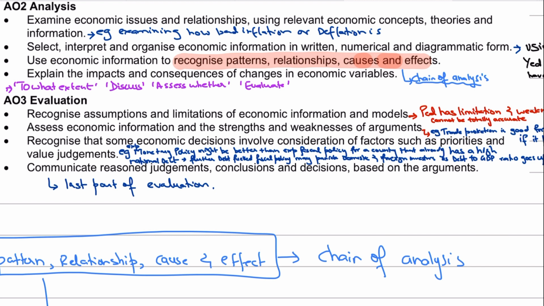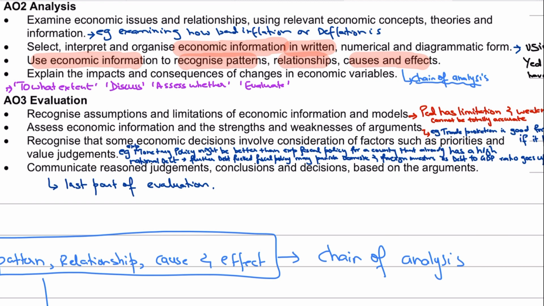Here the examiner is trying to say that when you are analyzing information, make sure that you don't just state something, you create that chain of analysis. If you're writing the economic information in written form, you don't forget to recognize the patterns, relationship, cause, and effect between them.